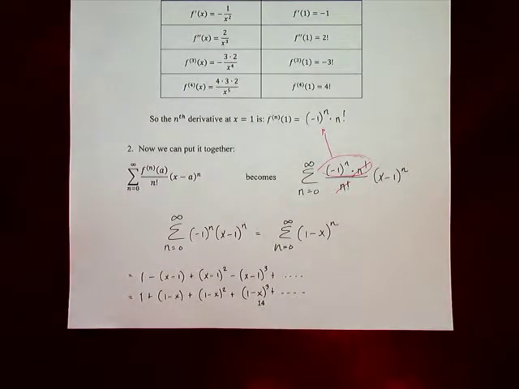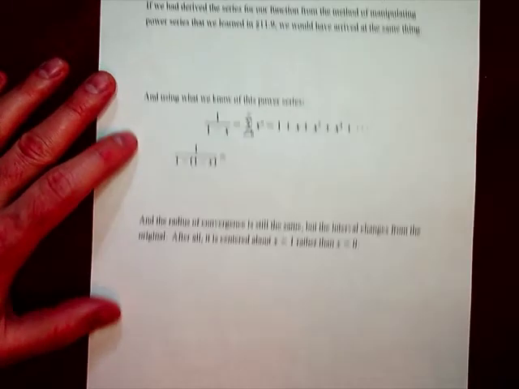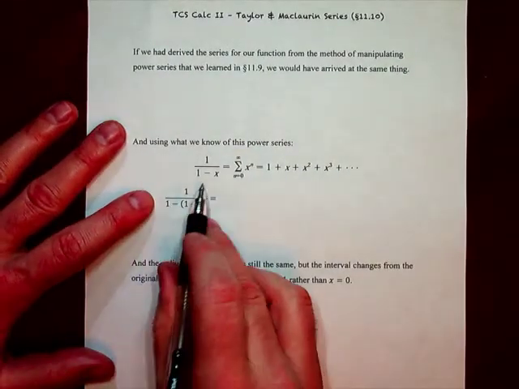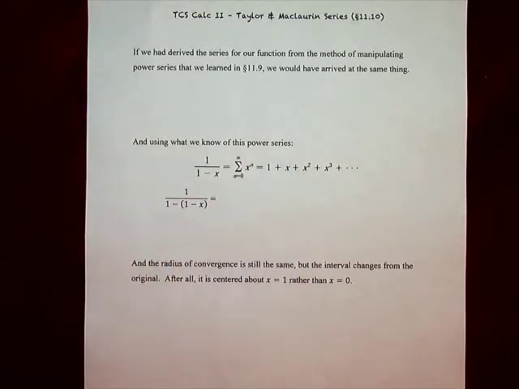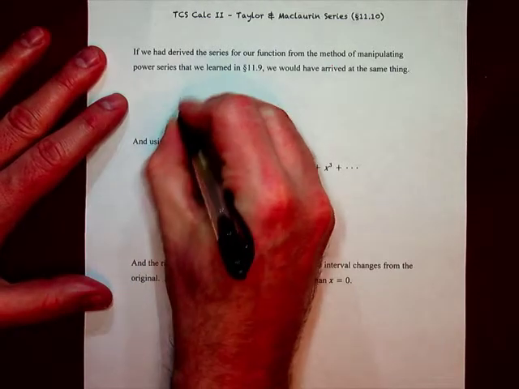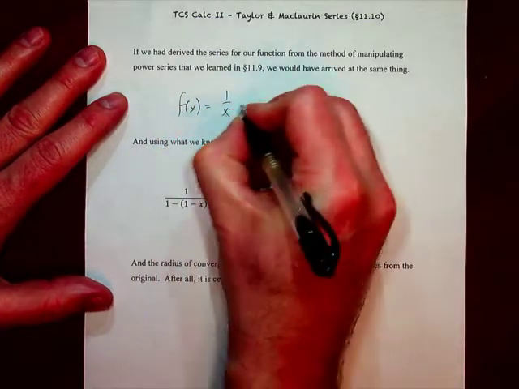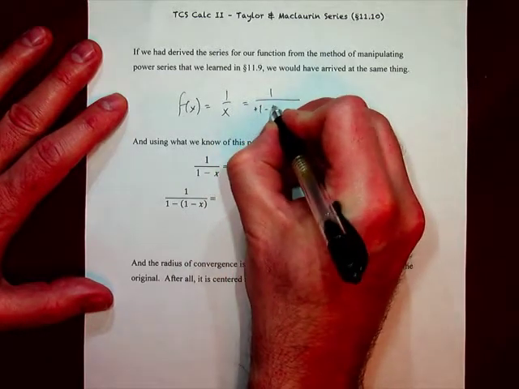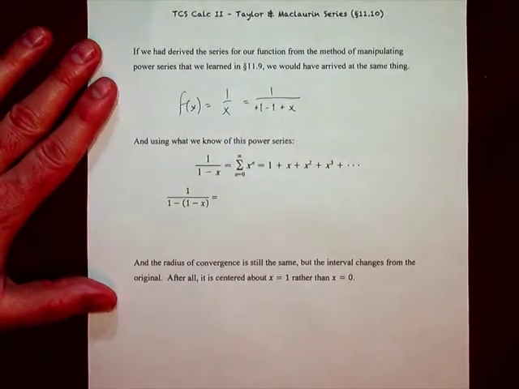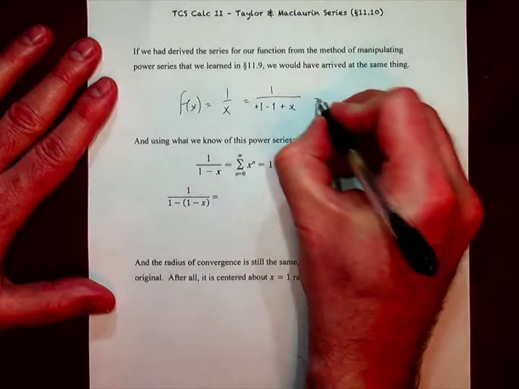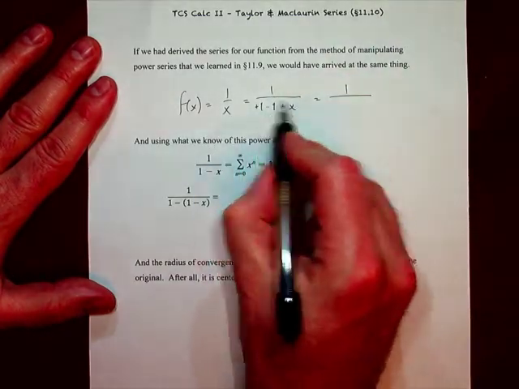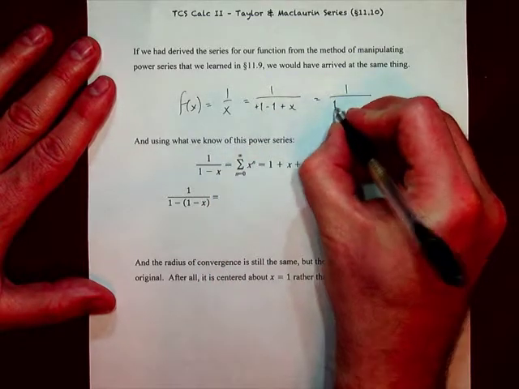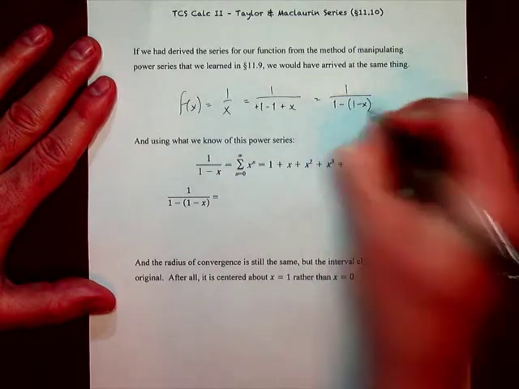Now, let's relate it back to what we would have done had it been a problem from 11.9, okay? And we remember that everything has to be related to 1 over 1 minus x, okay? Now, that means that if I have f of x as 1 over x, I can change the form of that denominator if I add 1 and subtract 1, right? And then if I do a little bit of magic by grouping, if I put parentheses around these last two terms, that becomes 1 minus x.